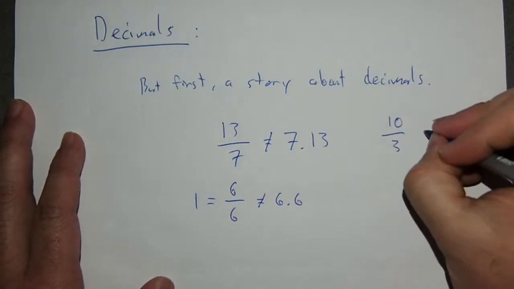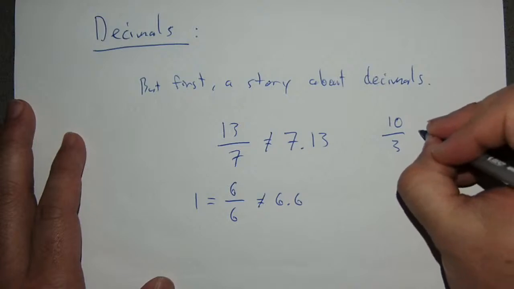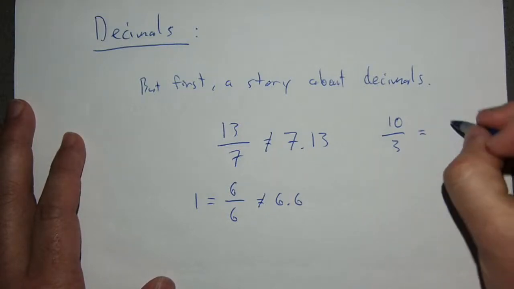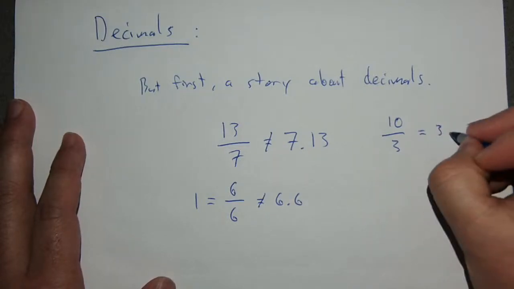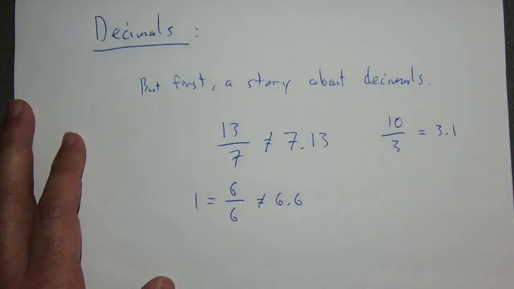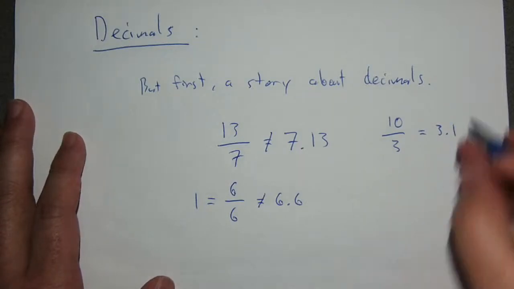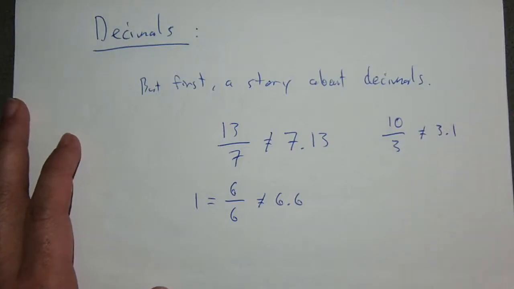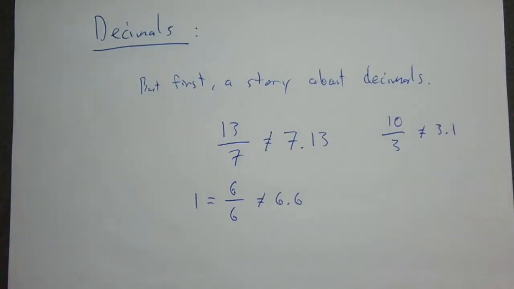so obviously 10 over 3 is most certainly 3.10. Right? Oh no, wait. That's no good either. Right? So, you might look at this and say, why would anyone ever think to do this?